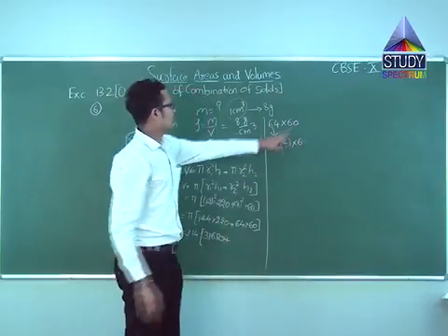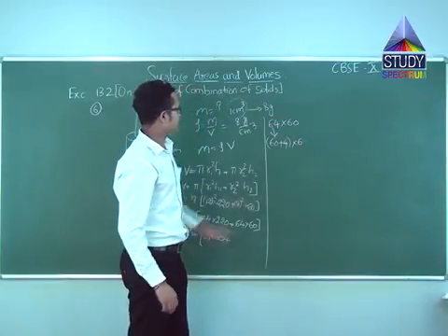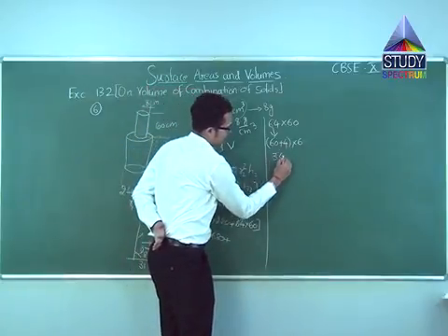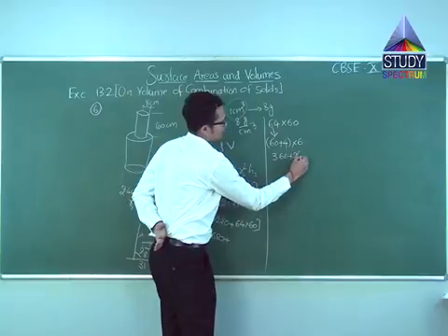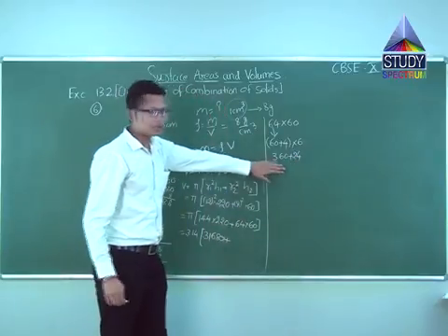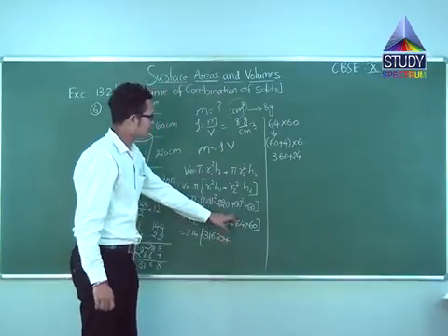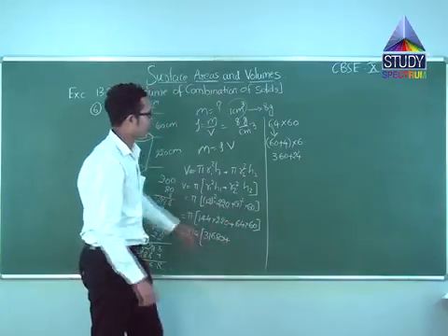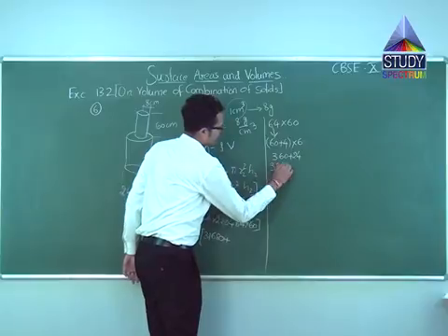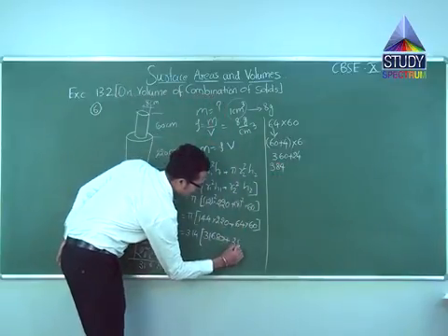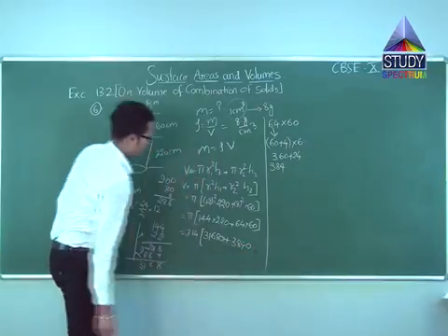You can always add 0 later. 60 into 6, 360 plus 24. This is what we can do in mind instead of multiplying separately. 6 into 4, 24, then 6 into 6, 36, then adding. So this is 384. So 384 with a 0 here.